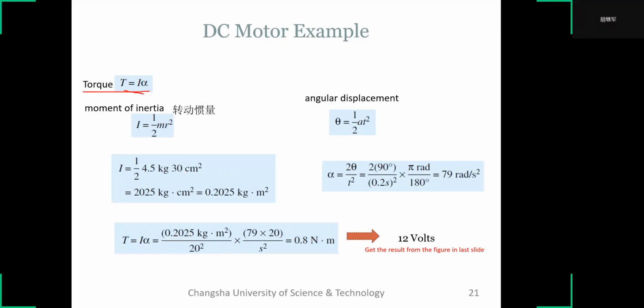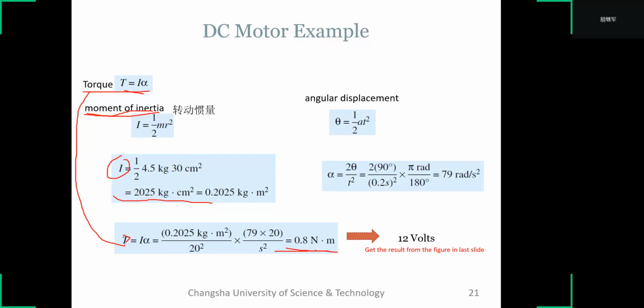After that, we can calculate the moment of inertia I. With this equation, we can get the torque, 0.8 Nm.